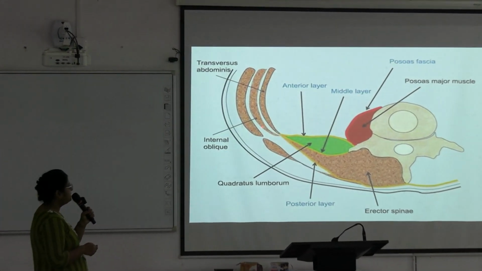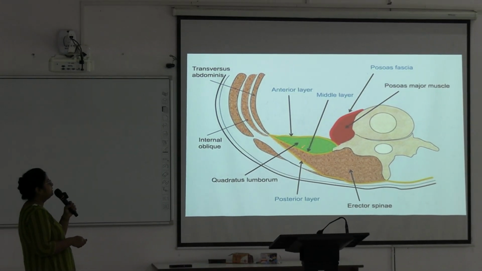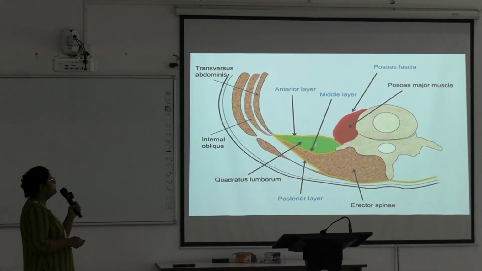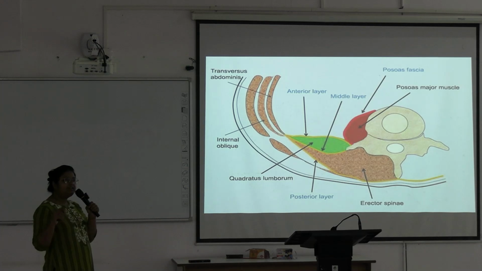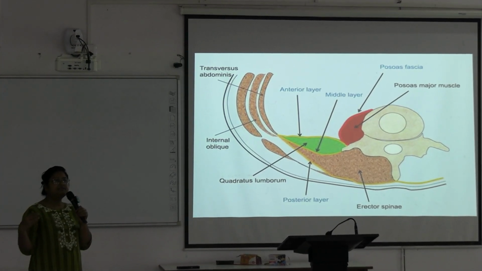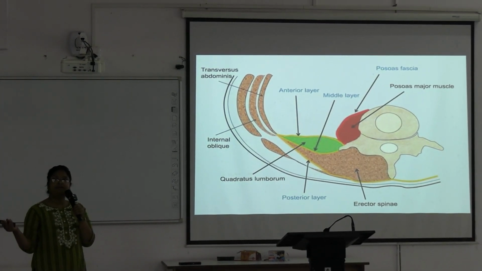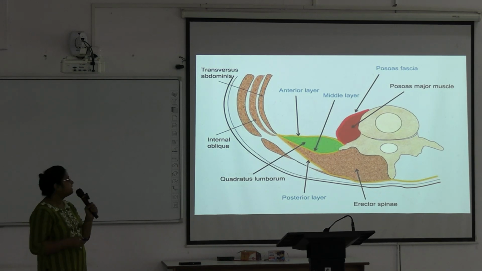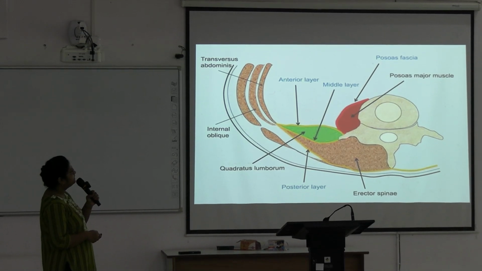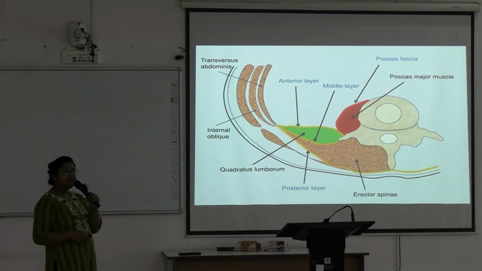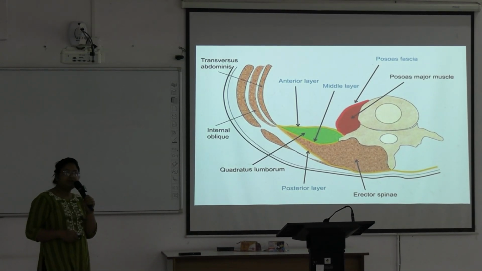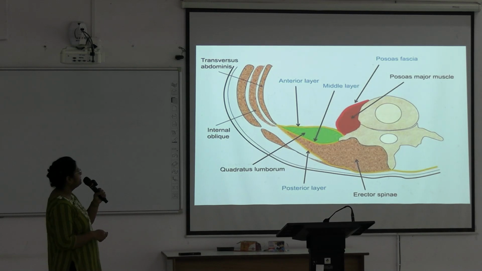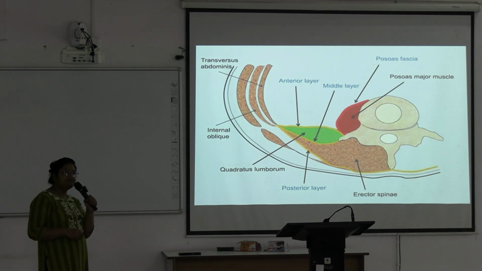So this is the anterior layer lying anterior to the quadratus lumborum, and it is attached over a ridge on the anterior surface of the transverse process of lumbar vertebra. You must have read during the lumbar vertebra class. And at the tip of the transverse process of lumbar vertebra, there is attachment of the middle layer of thoracolumbar fascia. Okay, and this layer lies posterior to this quadratus lumborum muscle.